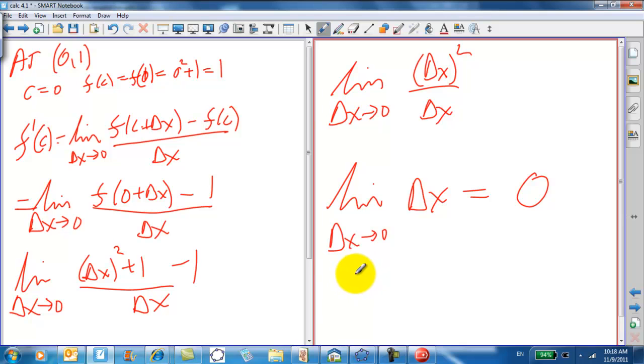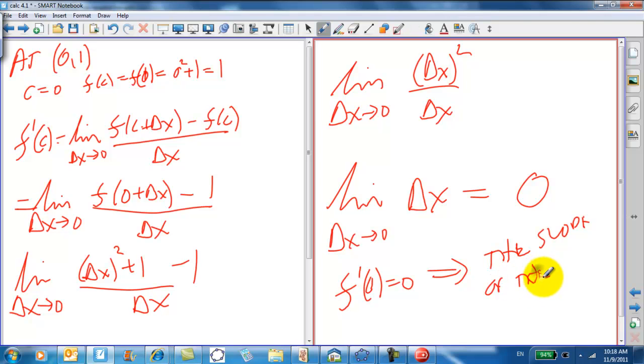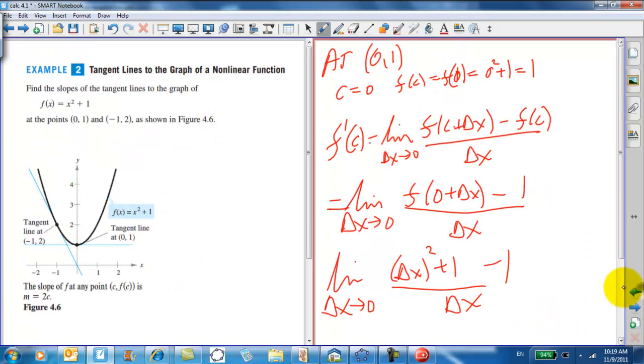And so that is basically saying that f prime of 0 equals 0, and that implies that the slope of the tangent line at x equals 0 is 0. It's a horizontal tangent line. And that's what we saw back here. There it is. Horizontal tangent line at x equals 0.